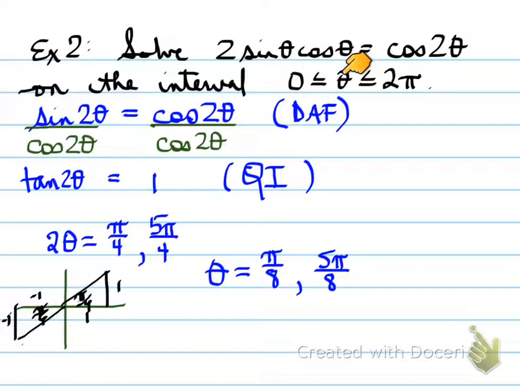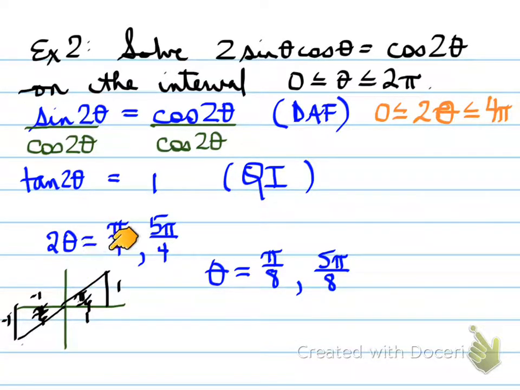What is the domain for 2 theta? The domain for 2 theta actually goes from 0 to 4 pi. Why? Because theta doubled is 2 theta. Double both sides, which gives you from 0 to 4 pi.